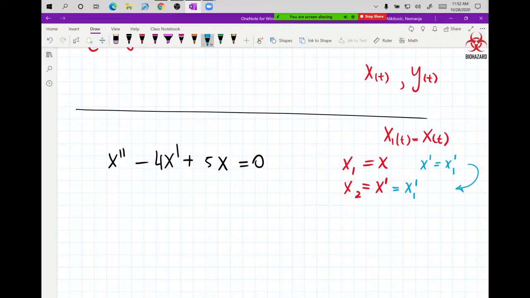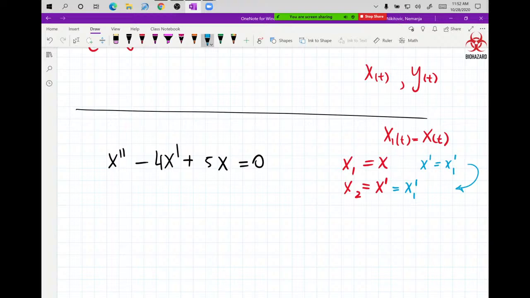And now, this is technically problem solved, right? Because all I need to do now is to plug these things inside the original differential equation and come up with the system. Remember, I am not going to have any x's anywhere in the system.